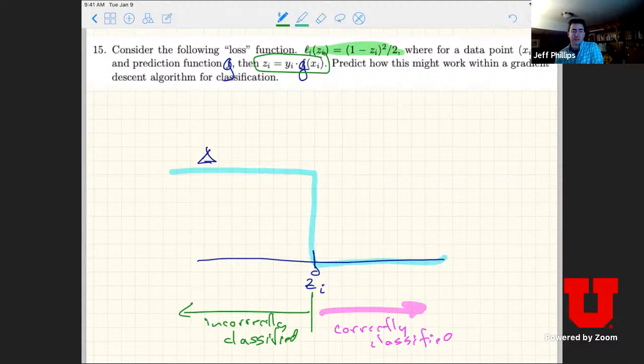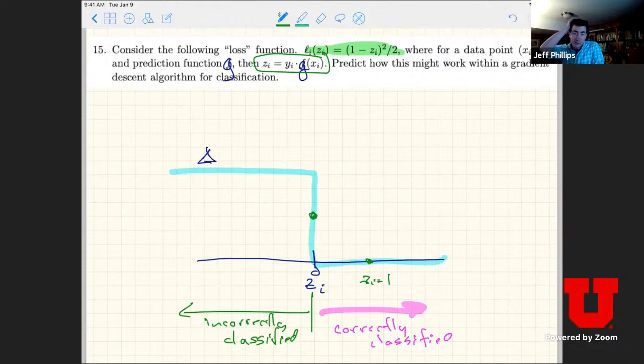So let's pick some function values. If z is equal to 0, then it's going to be 1 minus 0 squared, so that's 1 divided by 2, a value of 1/2. If zi is equal to 1, it's going to be a value of 0. Okay, so far this is looking okay, right?